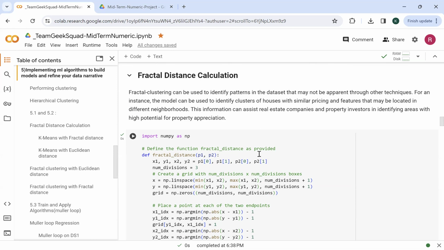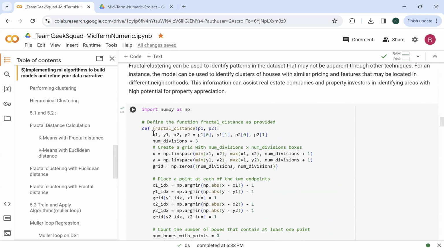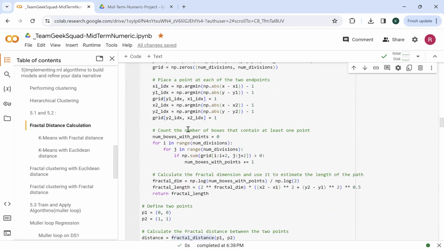For instance, the model can be used to identify clusters of houses with similar pricing and features that may be located in different neighborhoods. This information can assist real estate companies and investors in identifying areas with high potential property appreciation. We have written a function for calculating the fractal distance.